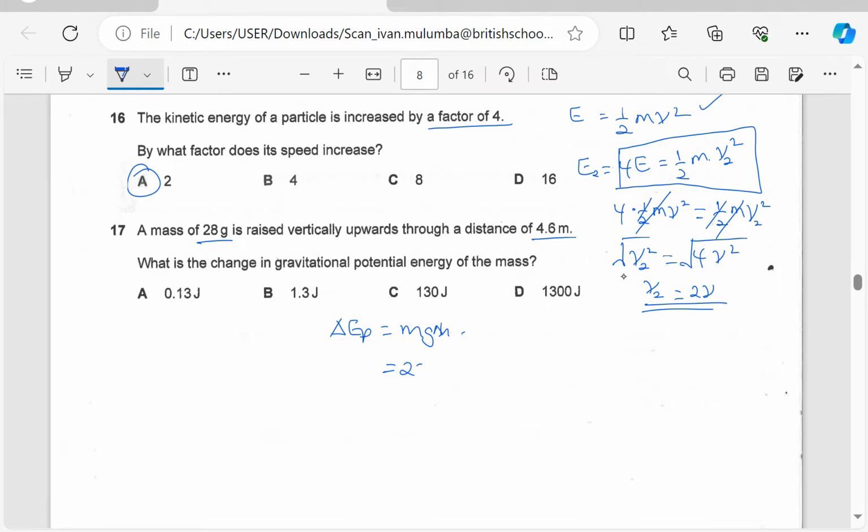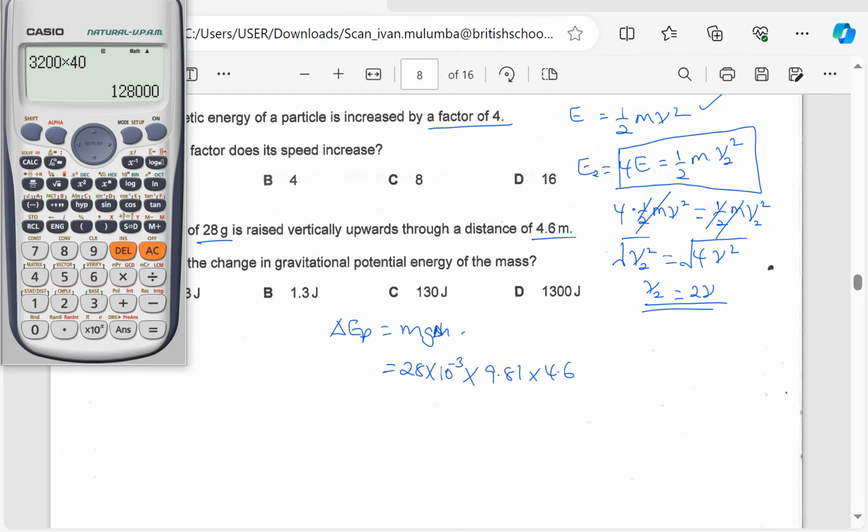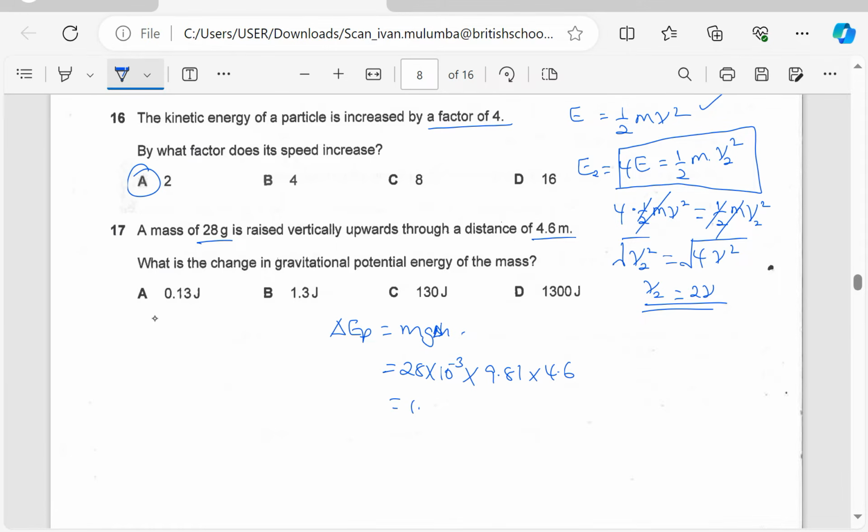The mass is 28, you just change it to kilograms, 10 to the power of minus 3. g is 9.81. Then the change in height is 4.6. So 28 times 10 to the minus 3 times 9.81 times 4.6. So this is 1.26, or approximately 1.3 joules. So the answer is B.